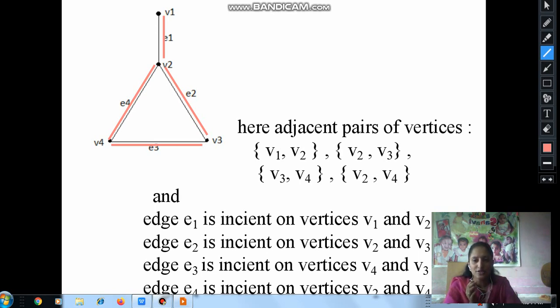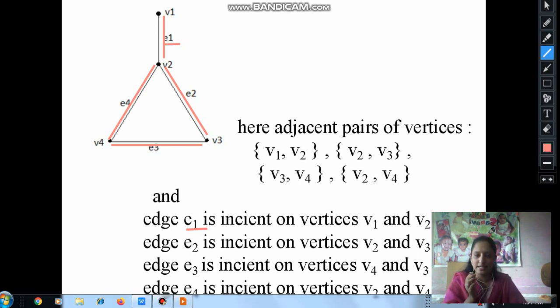Now, look at the edge E1. Edge E1 is incident on vertices V1 and V2. Why? Since V1 and V2 are end vertices of that edge E1. Similarly, E2 is incident on vertices V2 and V3.